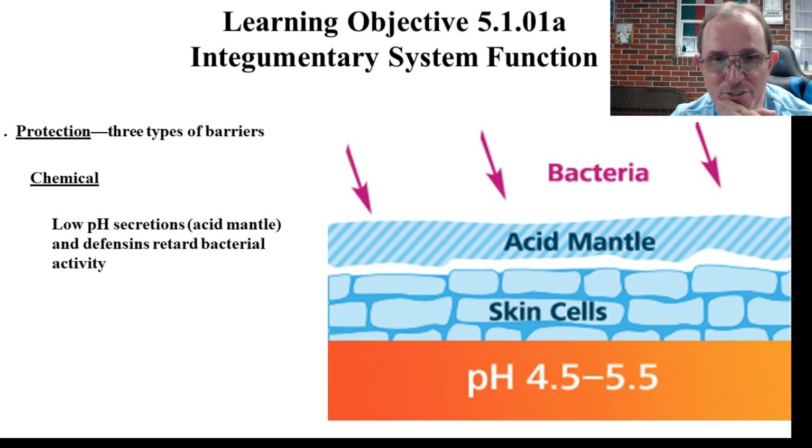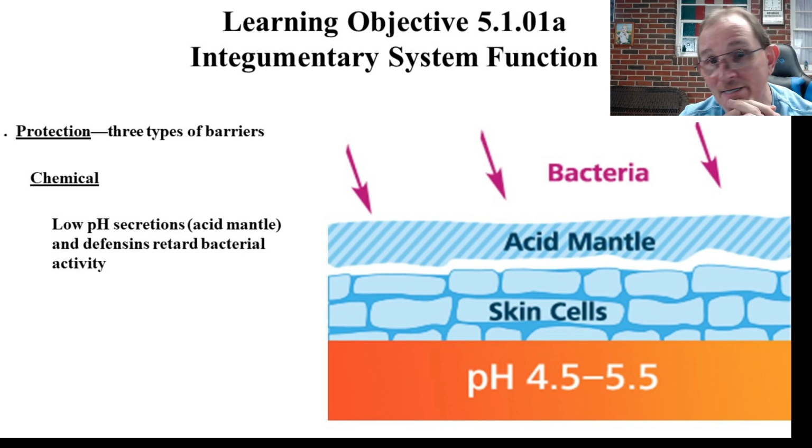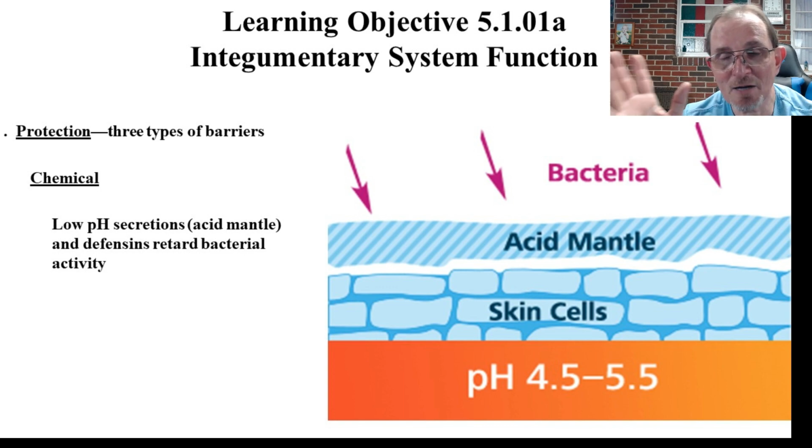Okay, the function of the skin. Well, it's a chemical barrier. We have a relatively low pH on the outside of our skin, and that acidity helps to keep some of the bacteria off of us. We also make antibacterial proteins, almost like a natural antibiotic, called defensins.